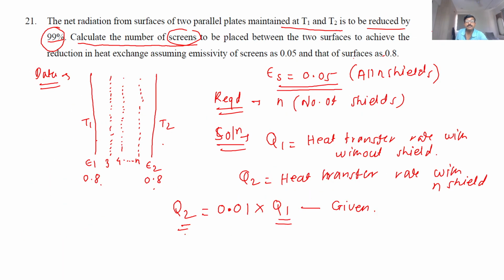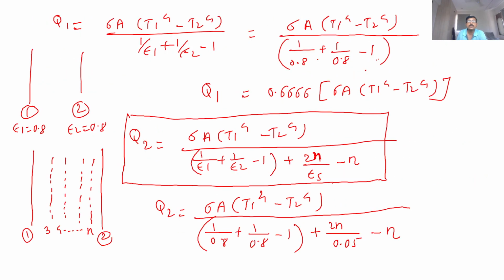Now we know the relationship between Q1 and Q2. By adding a number of shields, the heat transfer rate is reduced by 99%, so Q2 is Q1 multiplied by 0.01. I will substitute the values of Q1 and Q2 in this expression. So what is Q2?